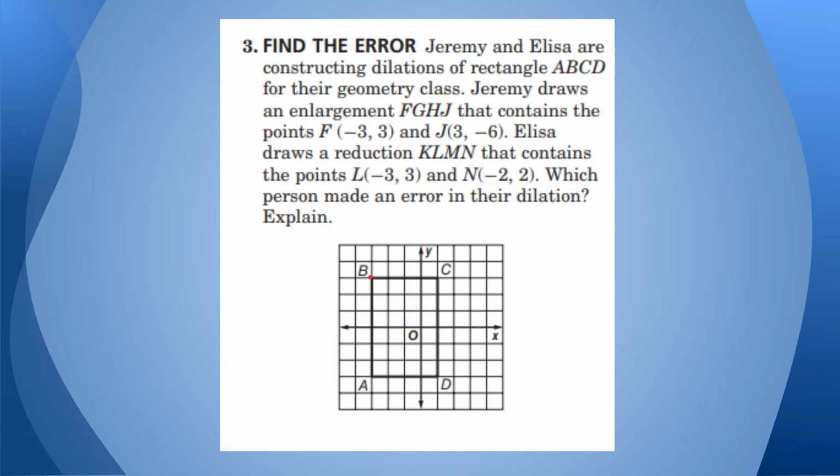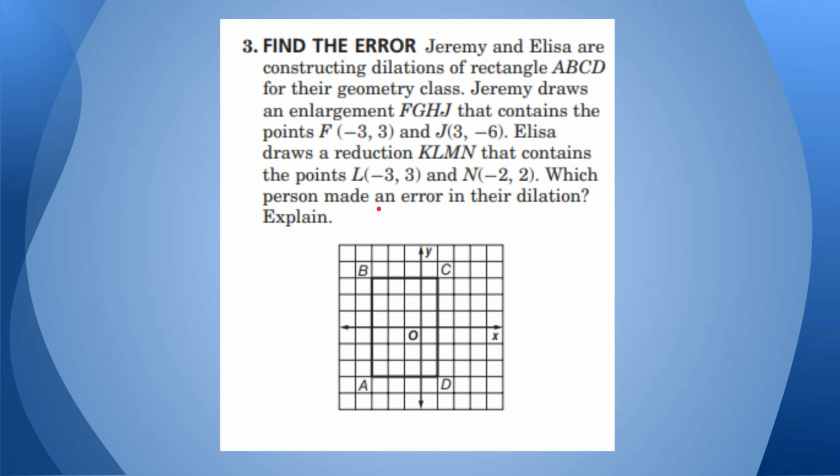So we're going to end up with some lines crossing over each other as we get an enlarged figure and a smaller figure that fits inside this original box here. And we're going to try and figure out which one of these students made a mistake. Is it the enlargement that was made by Jeremy, or was it the reduction made by Elisa?